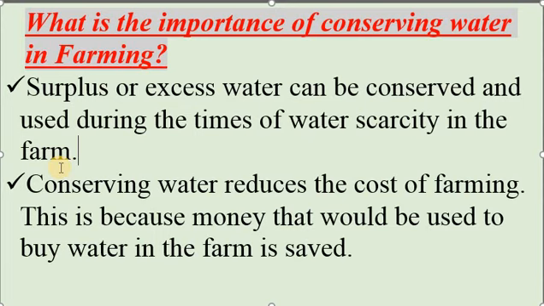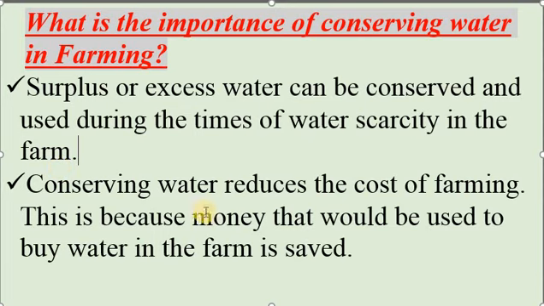They use a lot of money to do what we call farming. So when we conserve water, the farmers will no longer purchase water to use in irrigation. So the cost of production will have reduced.